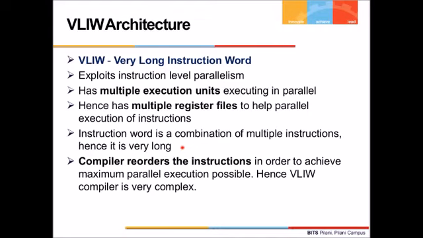The VLIW compiler reorders the instructions and creates parallel packs of instructions, which will of course not hamper the instruction flow. So the instructions which can be executed in parallel without harming the dependencies, the compiler takes them, reorders the instructions accordingly, and issues them to the VLIW processor. Okay.